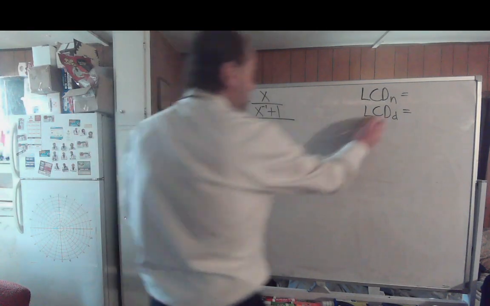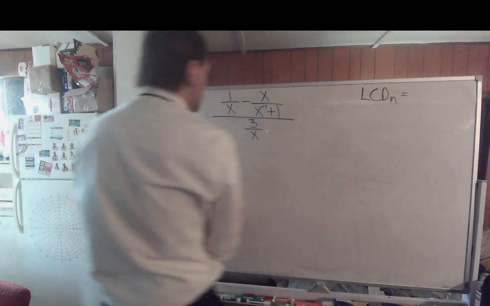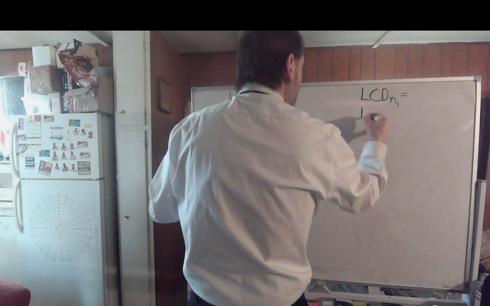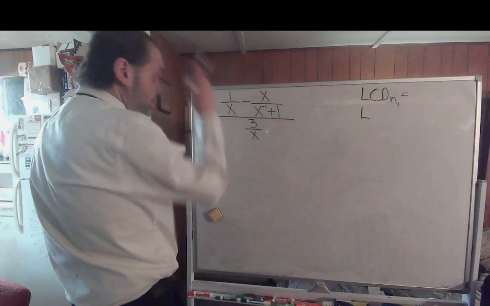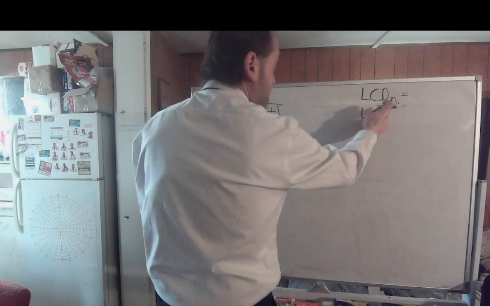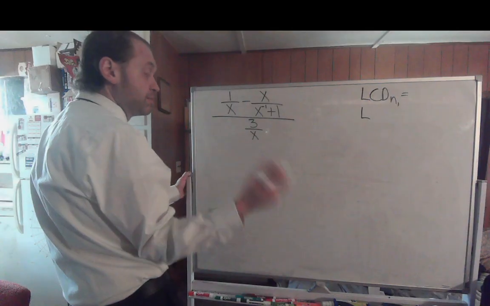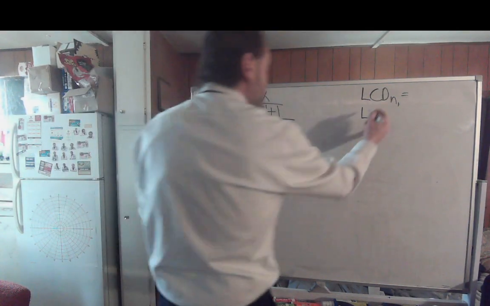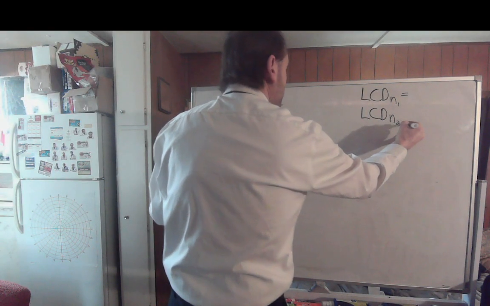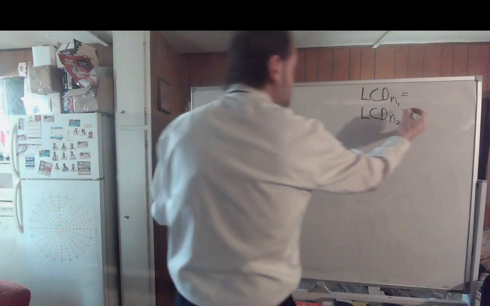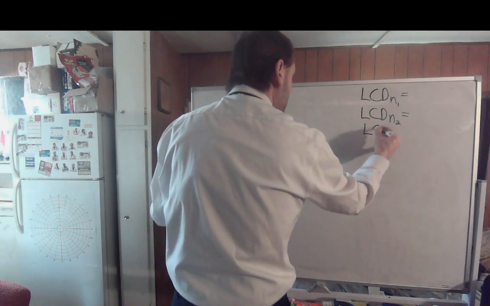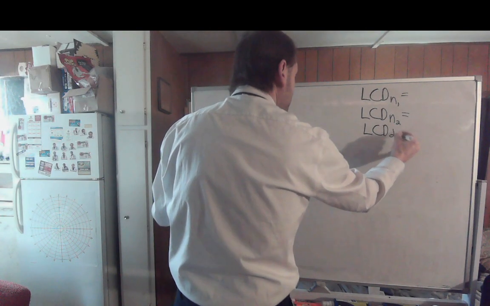Now we're really going to need to take 3 common denominators. I'm going to call this one here LCD sub n sub 1, and then the total numerator's common denominator I'll call LCD sub n sub 2, and then the denominator's common denominator I'll call LCD sub d.